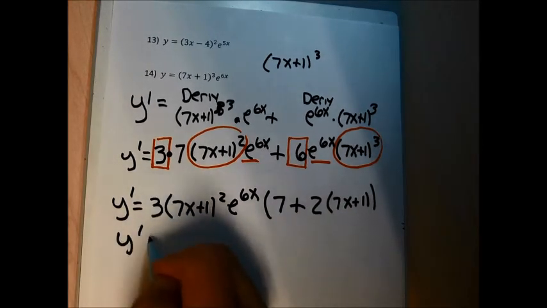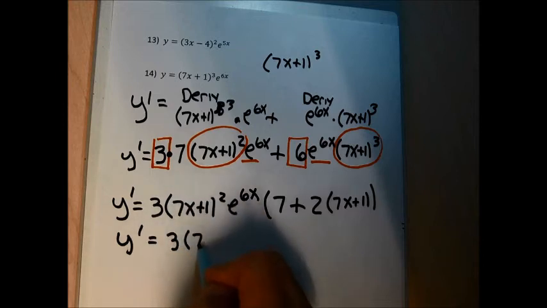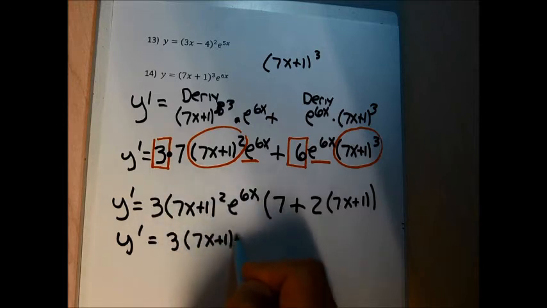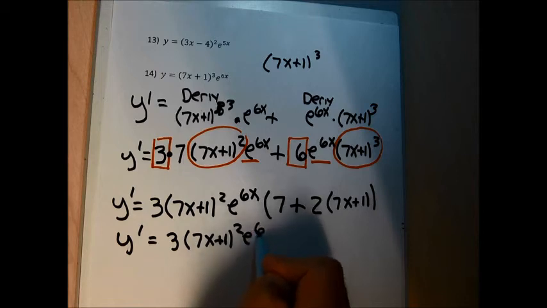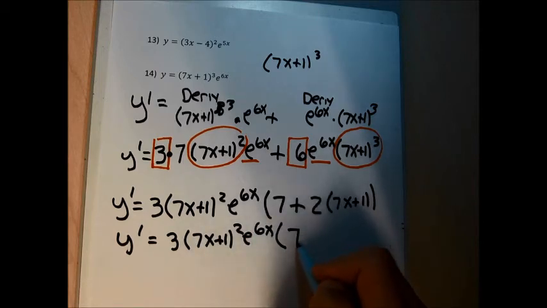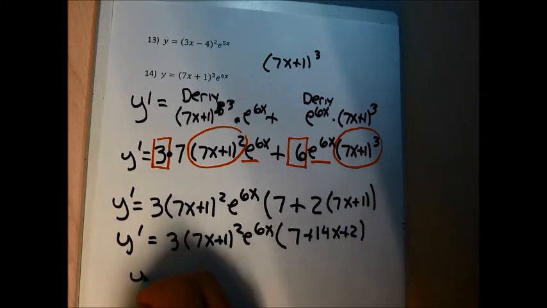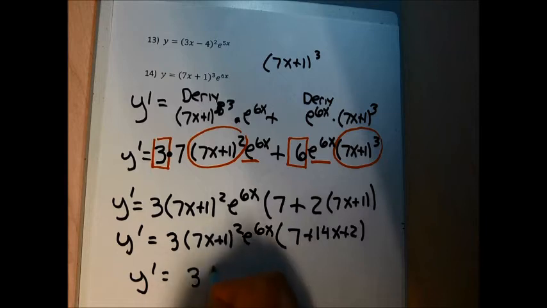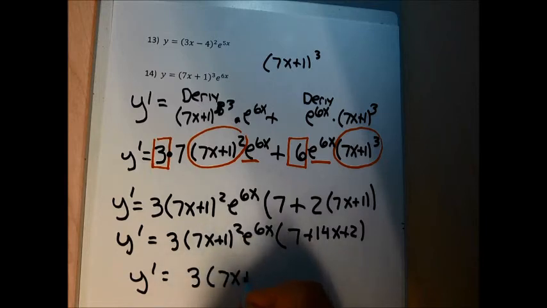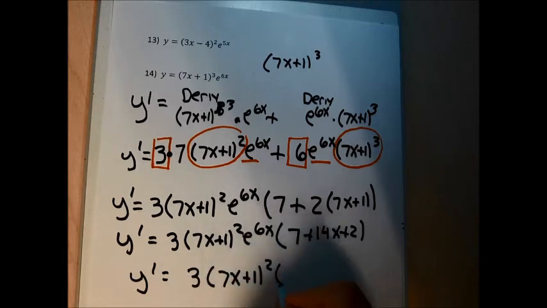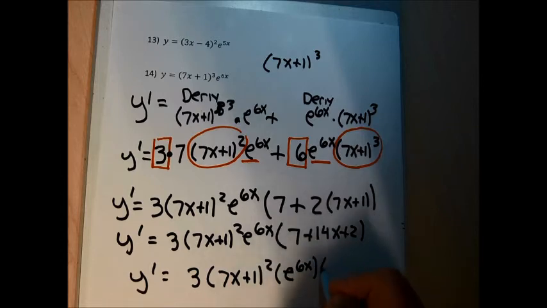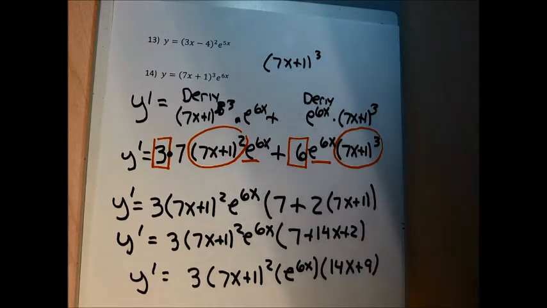I'm going to get y prime equals 3 times 7x plus 1 squared times e to the 6x times 7 plus 14x plus 2. I'm just going to add the 7 and 2. I'm going to get y prime equals 3 times 7x plus 1 squared times e to the 6x. I didn't need a parenthesis for that e to the 6x, I just accidentally put it there. That's the derivative.